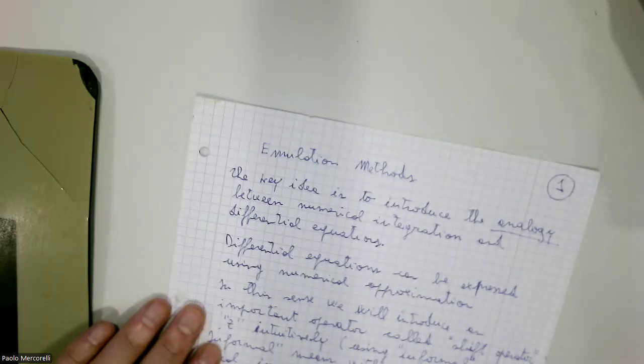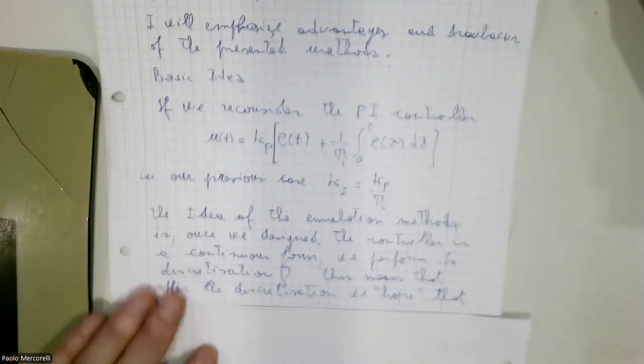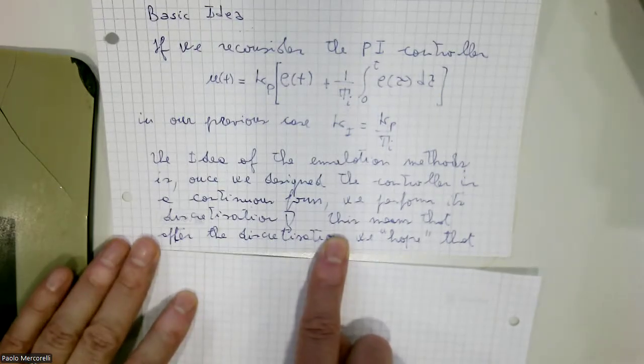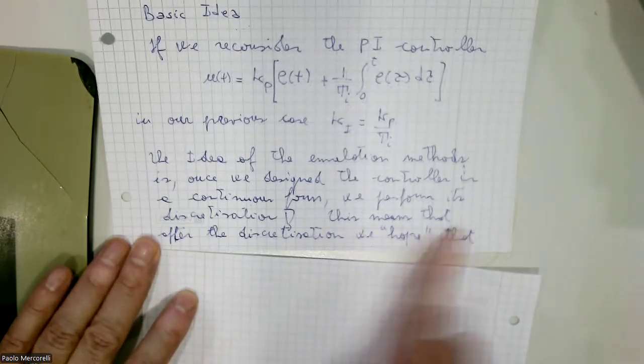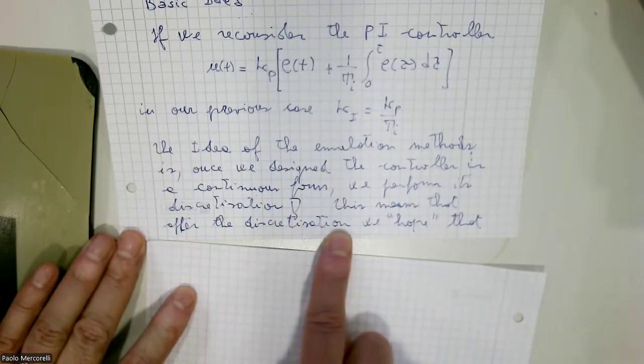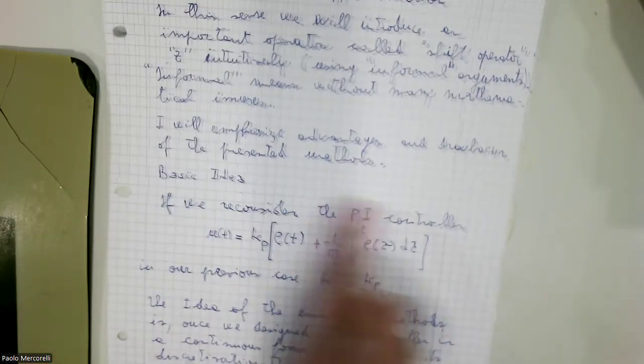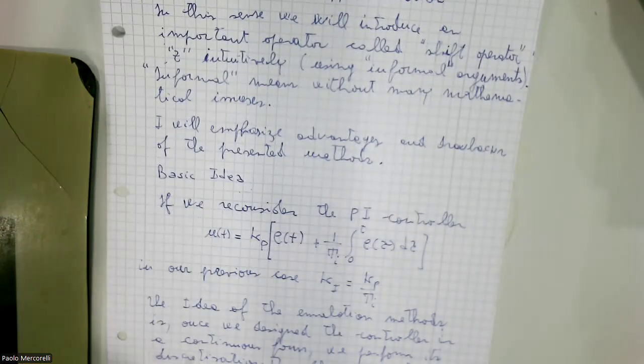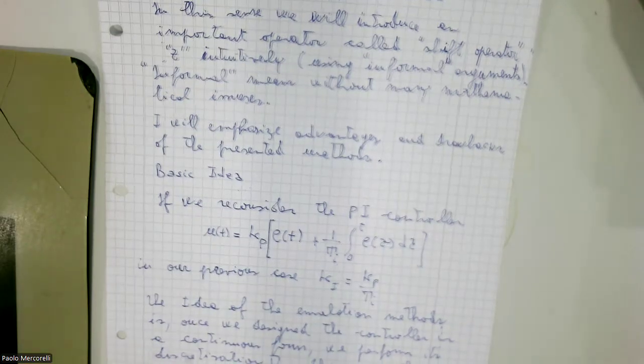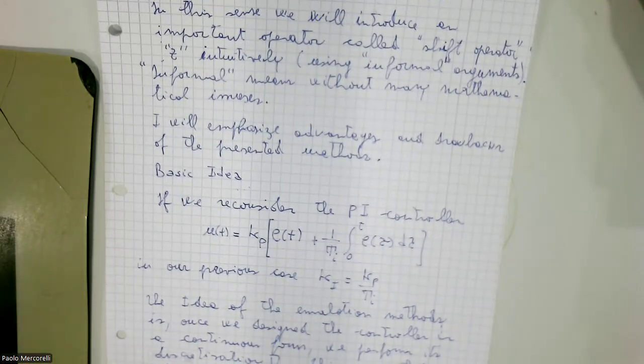Okay. And interesting, this last sentence, you remember last time, this means that after the discretization of the controller, because in the microcontroller, when we use the microcontroller, everything is discrete.